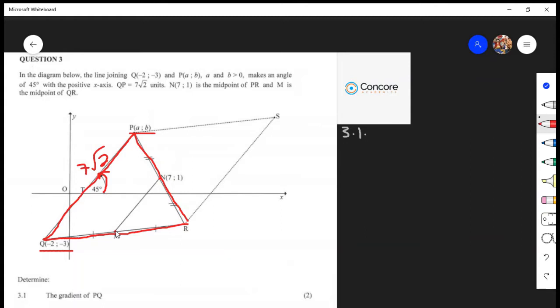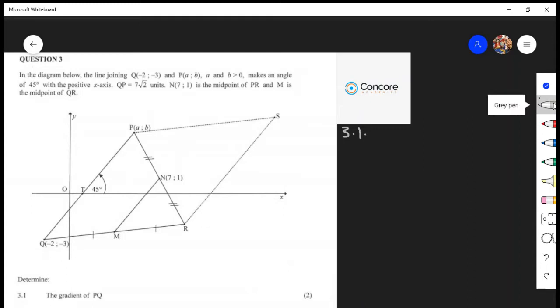So the first question says determine the gradient of PQ. In order to determine the gradient of PQ, we don't really have the value of P, right?